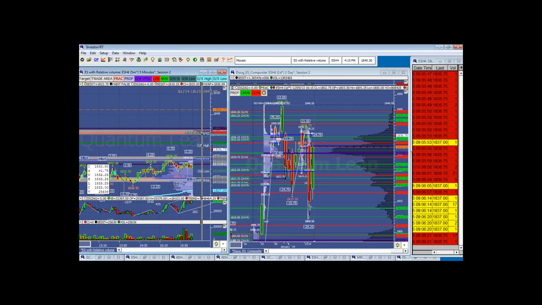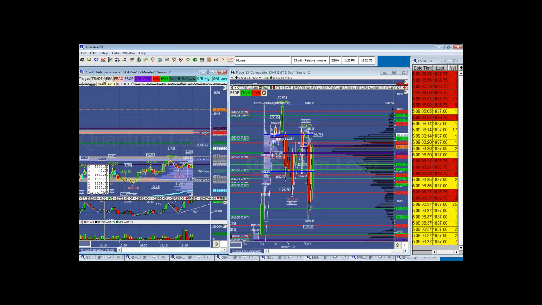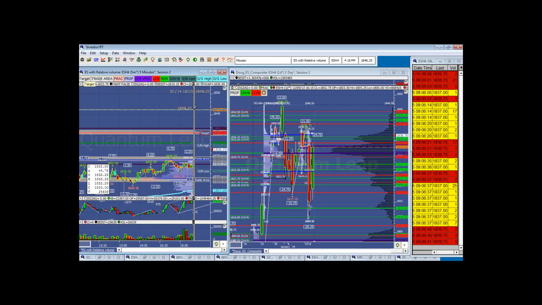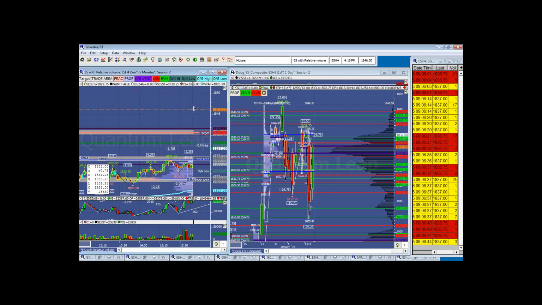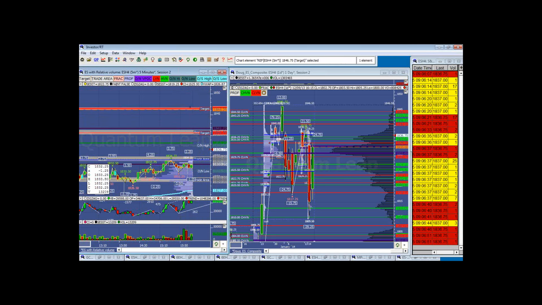It is an area I'll be looking at, a possible reaction, maybe a push through to this naked VPOC here at 41.75. But the big target today is the ATR target, the naked close, and the all-time high up here at the 46.25, and the all-time high.